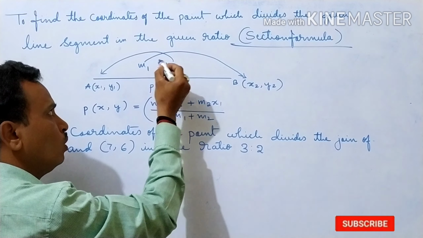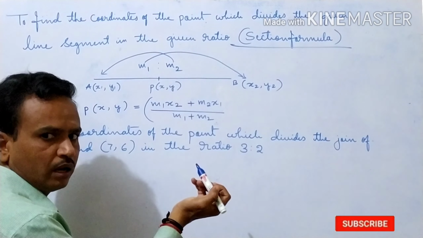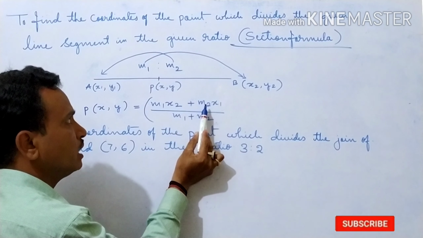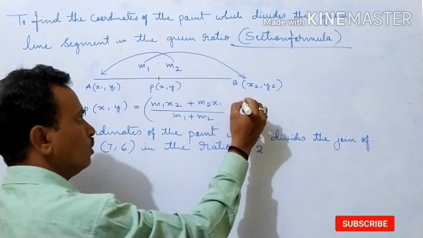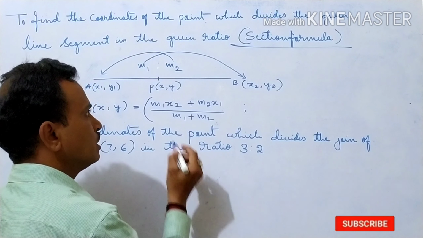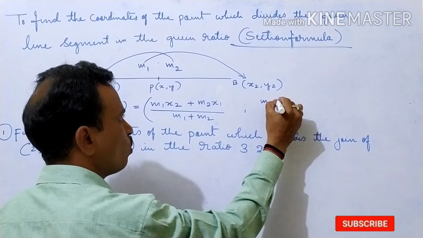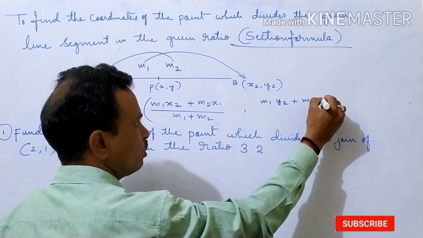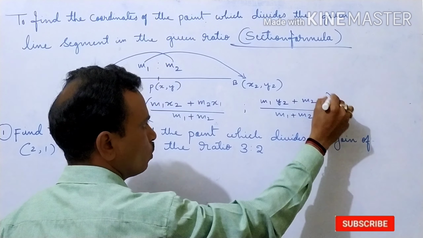Now instead of M1, M2, we can take M and N. Okay. M1 is to M2 or we can take M is to N. So if you take M is to N, then you should write M here and N on this side, and in the denominator M plus N. Now to find the Y coordinate, you should write the same formula: M1 instead of X2 you write Y2, plus M2 instead of X1 you write Y1, whole divided by M1 plus M2.